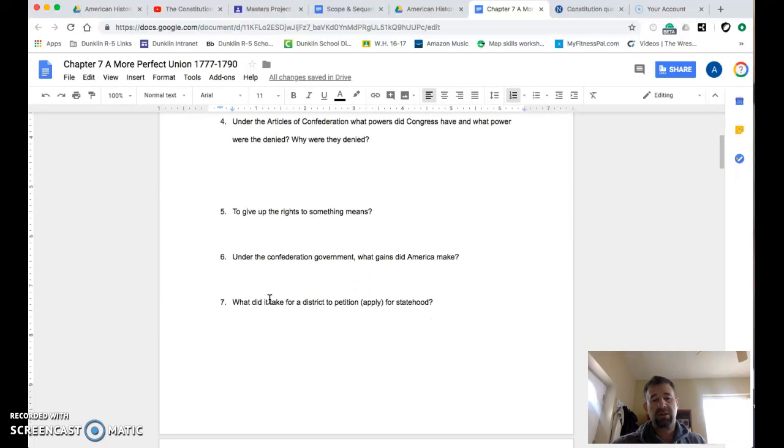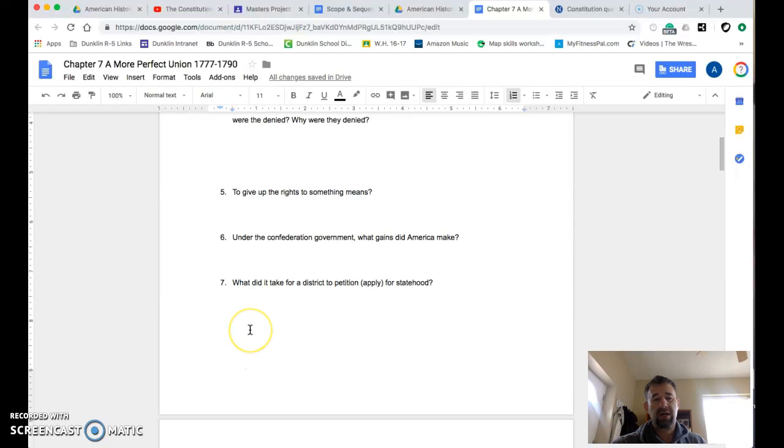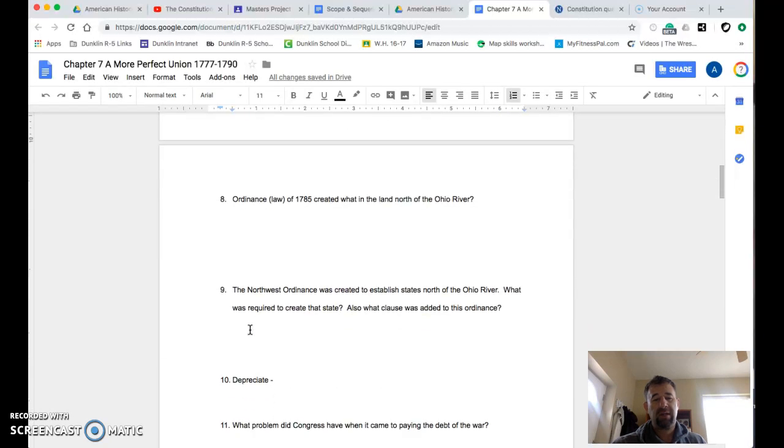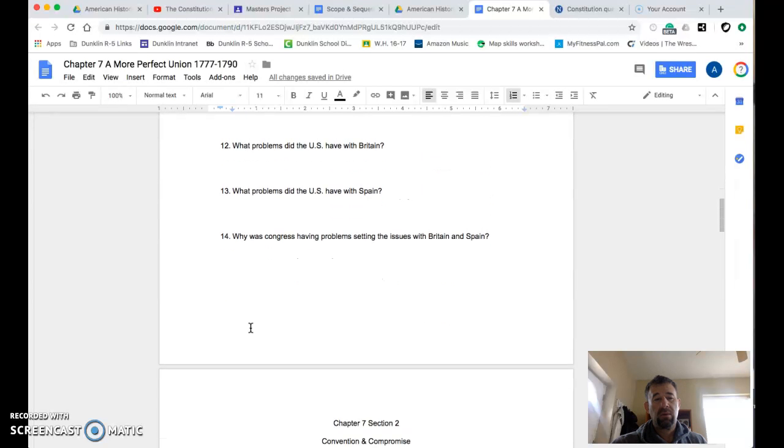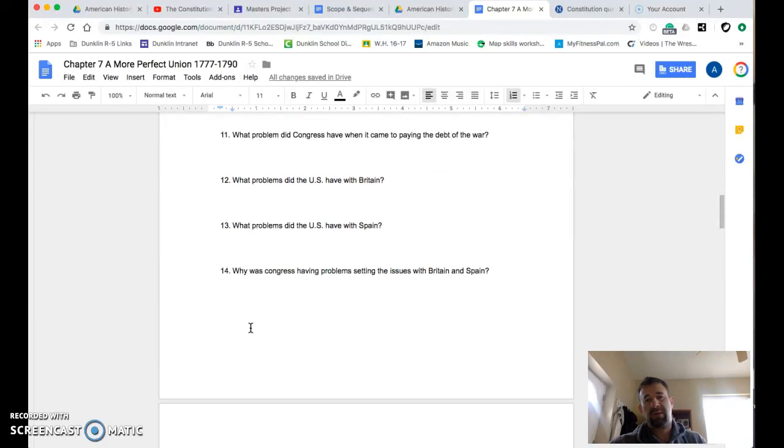We're just going to go through all of these and talk about them and see how they go. If we skip down here to the bottom now, after our discussion's been going on for a while, we're at the last one, where we're talking about Britain and Spain and what the problem was that Congress had with settling these issues, right?